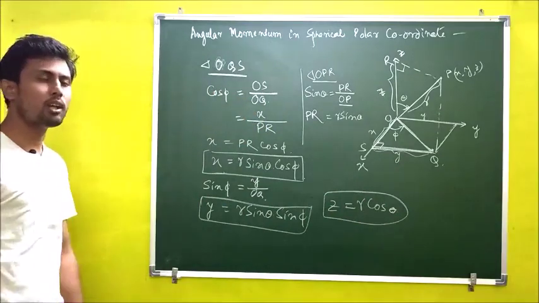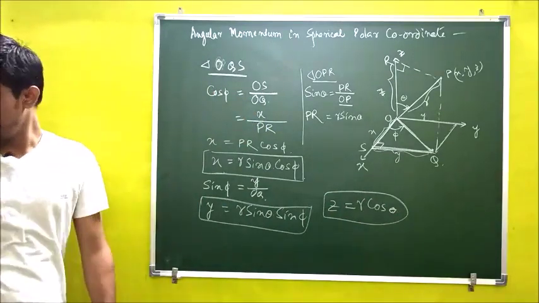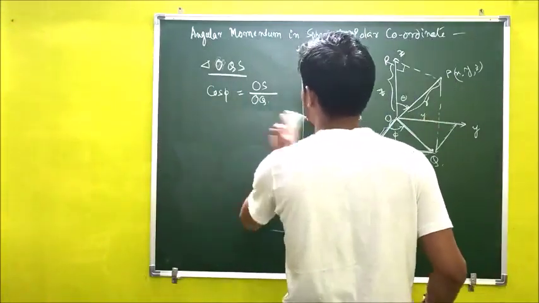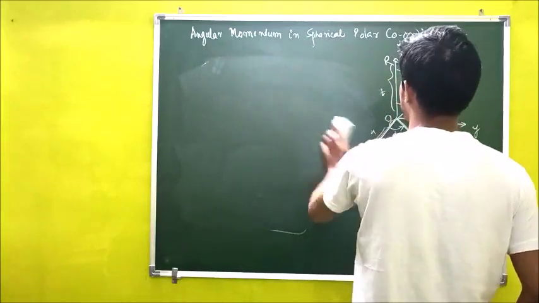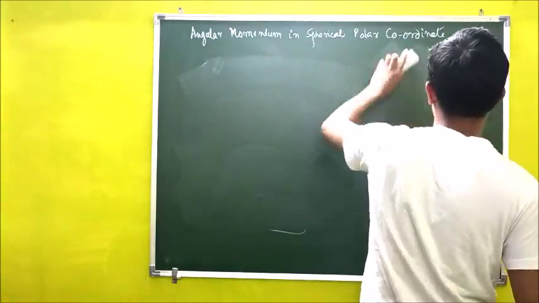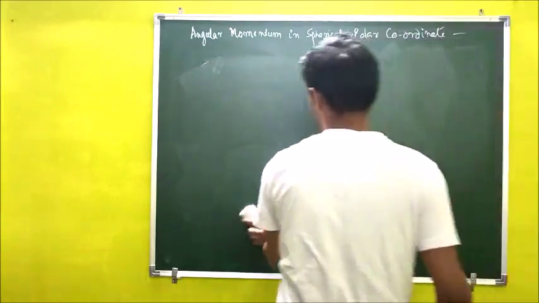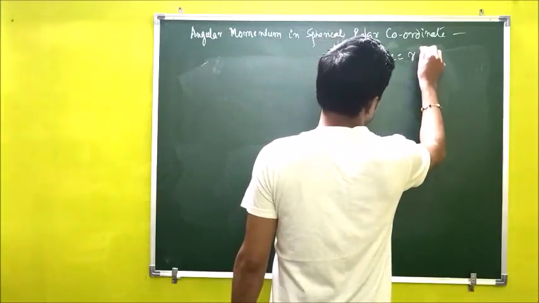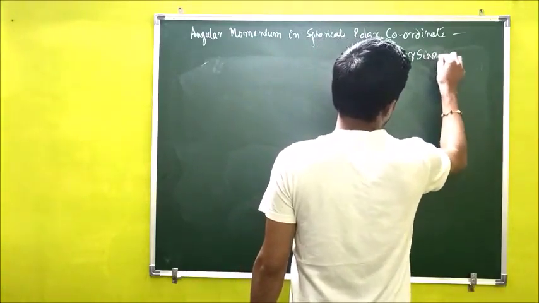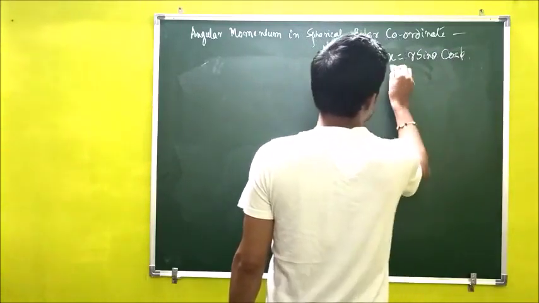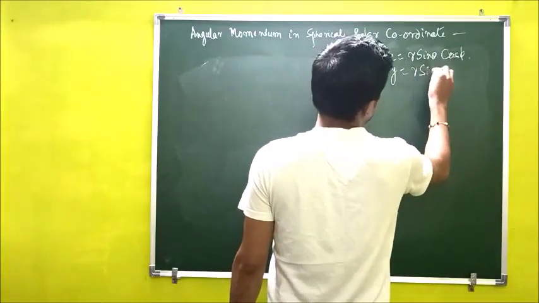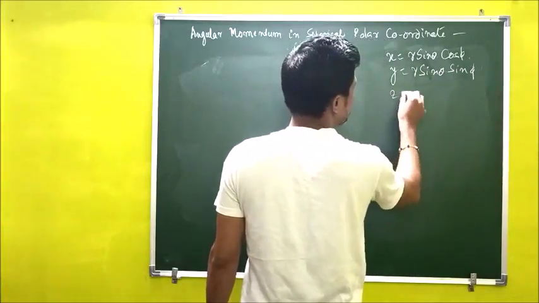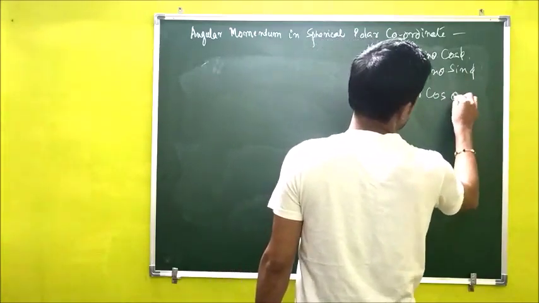Now we'll see the angular momentum in terms of polar coordinates. What polar coordinates have we got? x equals r sine theta cos phi, y equals r sine theta sine phi, and z equals r cos theta.